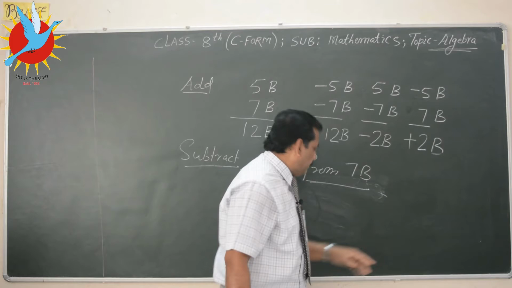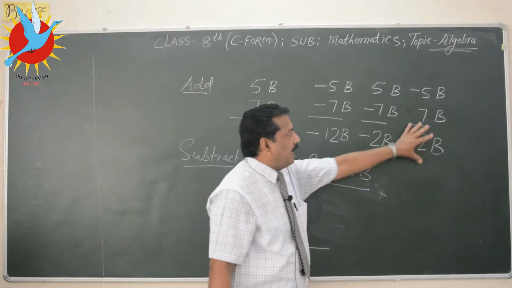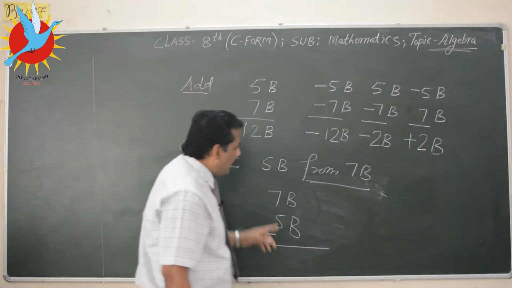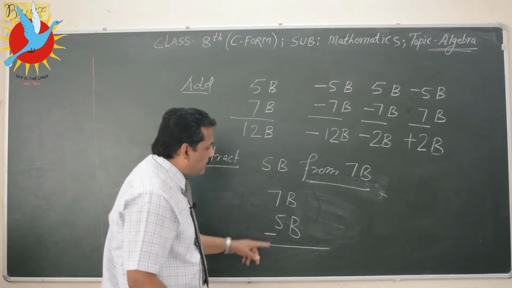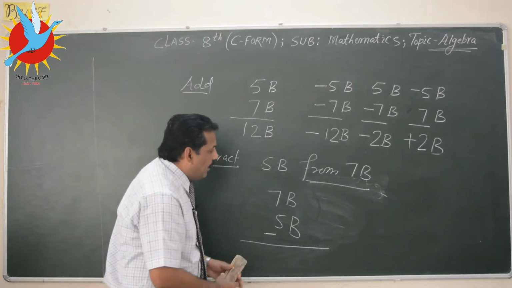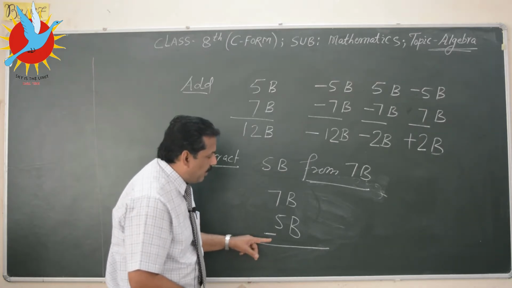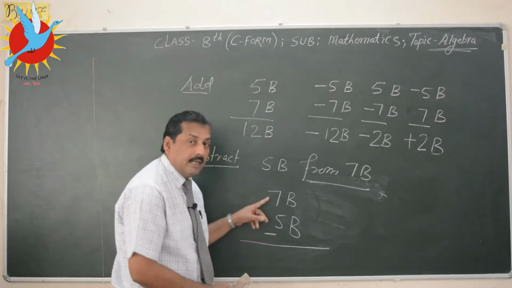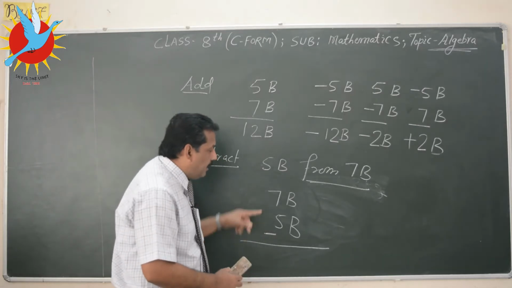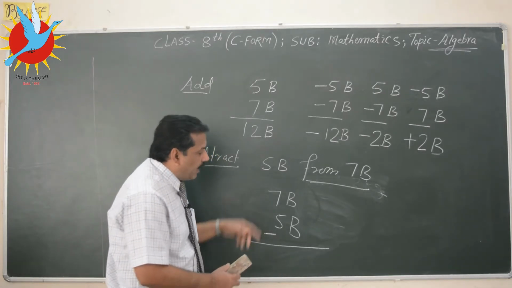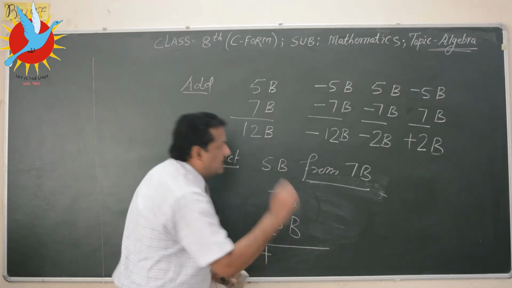Wait for the result of this subtraction and we shall be comparing. So 7b minus 5b, just like addition. This is plus and this is minus. So what will be the sign here? The sign of the greater number is 7, and the sign of 7 is plus, so this will be plus.